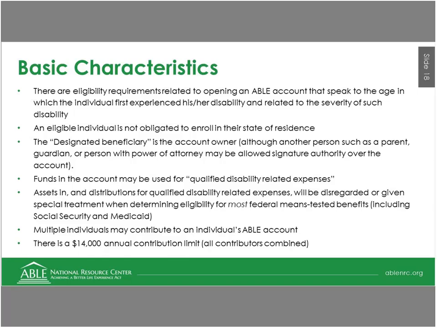However, all contributions combined in any given tax year are not to exceed, and I'm sorry that says $14,000, we'll fix that, it's actually $15,000. So in general, you can only deposit up to $15,000 a year in an ABLE account.